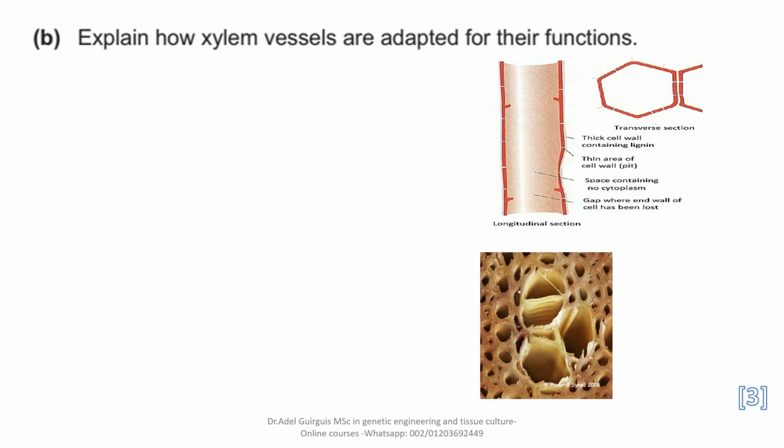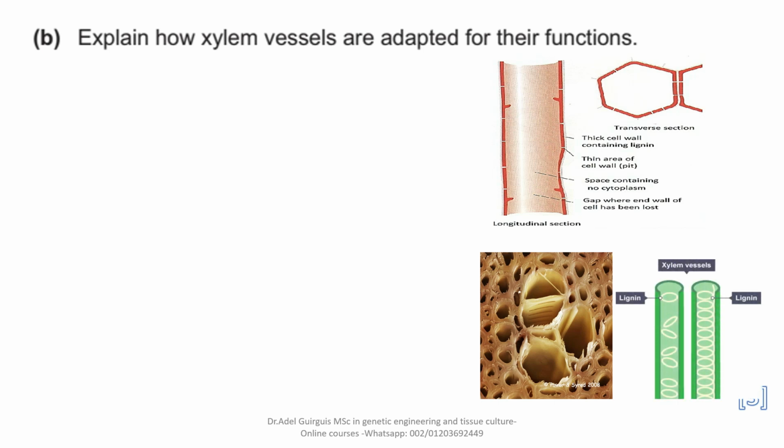This is a certain photomicrograph, taken by a certain type of microscope to show the structure of xylem vessels. Here is where lignification, or lignin deposit in certain shapes inside xylem vessels, supports the xylem vessels and prevents collapse during transportation of water and the minerals inside.